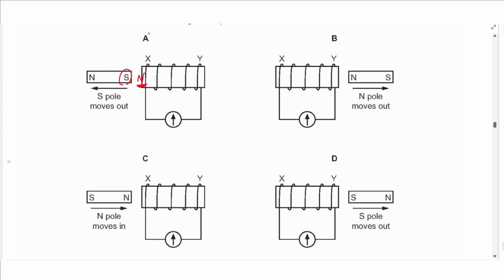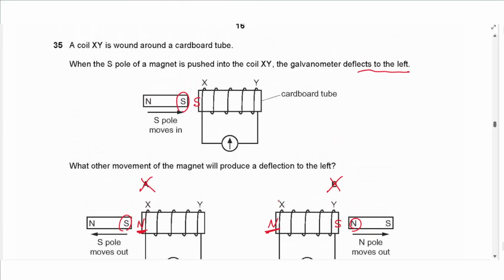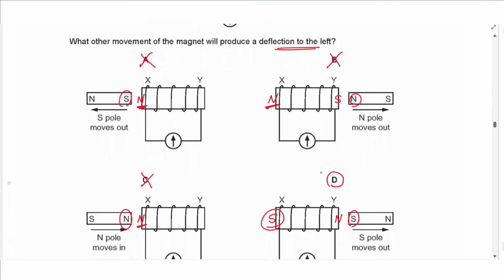That's not the same, so it's not A. A north pole is moving away, that would induce an S pole here, so an N pole on the other side, so this is not the same either, so not B. A north pole approaching would induce an N pole, so it's not the same again, so it's not C. The answer must be D. An S pole moving away from this side would induce an N pole on this side to stop it from moving away, and an S pole on the other side, so this is the same as the question, so it would cause the same deflection to the left. So the answer is D.